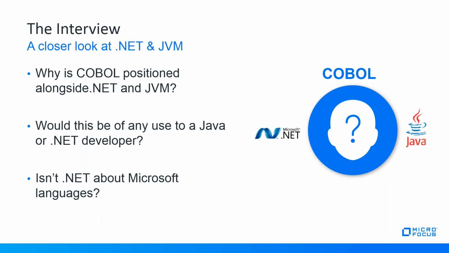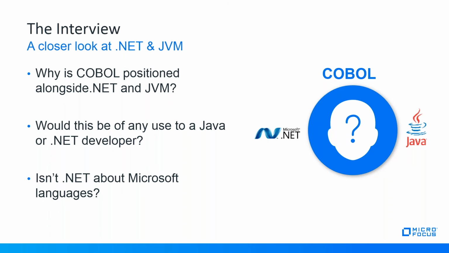So although Microsoft obviously have developed most languages for their own platform, and some of the best known ones, Microfocus isn't the only vendor to have put a language on the .NET CLR. And in fact, similarly with the JVM, lots of new languages now are being developed that run on the JVM. So we've got Kotlin and Scala and I think Haskell as well, all run on the JVM backend.